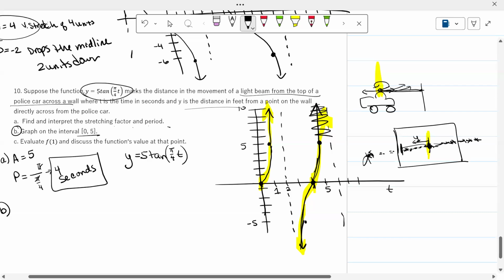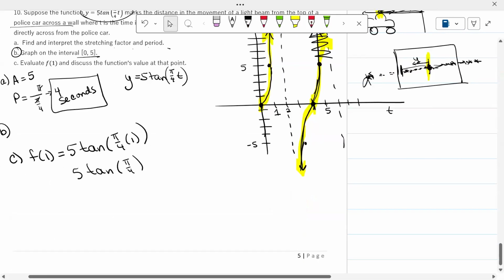And then C is find and evaluate f of 1, and we kind of already did that, but I'll show you step by step here. 5 tangent of pi over 4 times 1. Well, this is 5 tangent of pi over 4, which we know is 1. So this is 5 times 1. So this is 5. What does that mean?